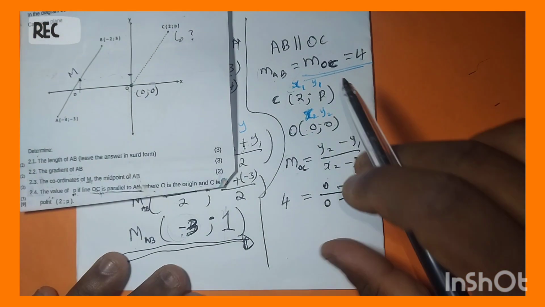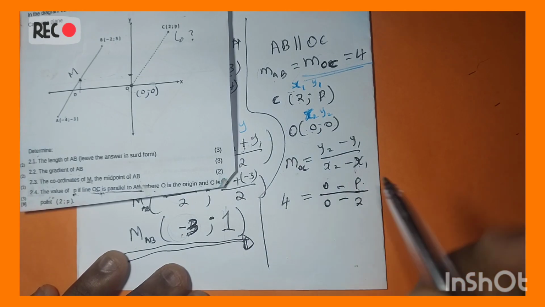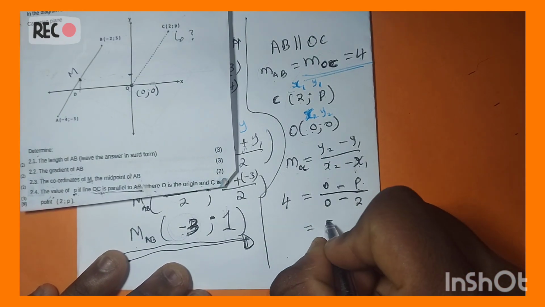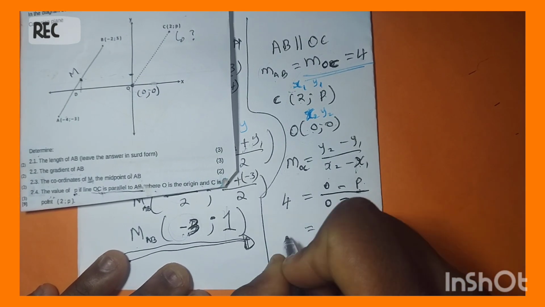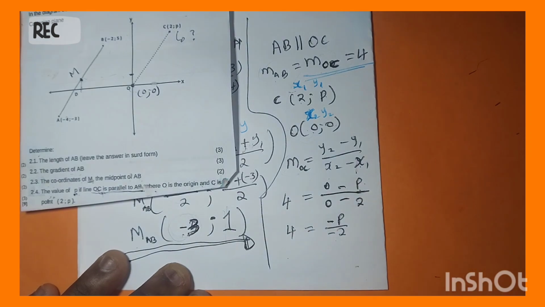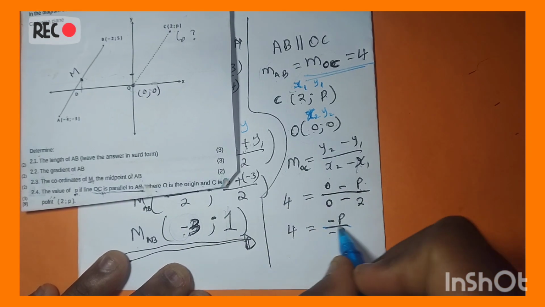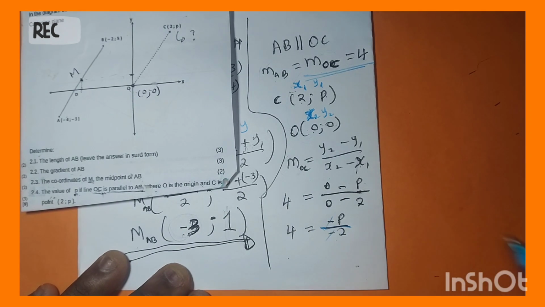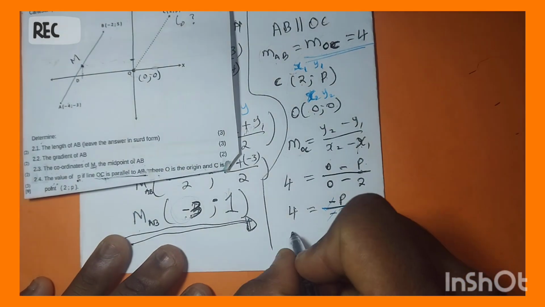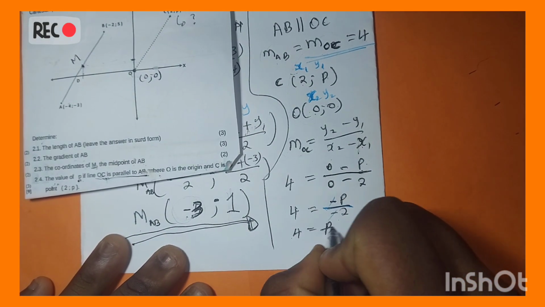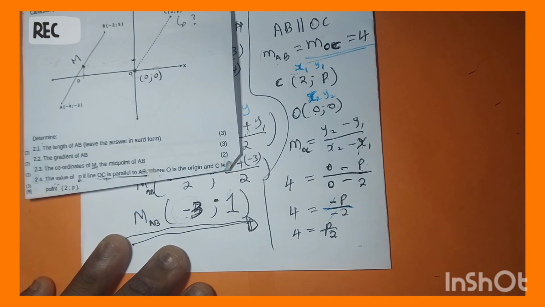Remember what I told you guys, 0 is nothing. 0 will disappear. This equation will become P over minus 2 equals 4. And those negatives, because they were dividing, will cancel each other, so it just becomes P divided by 2. Do you see?